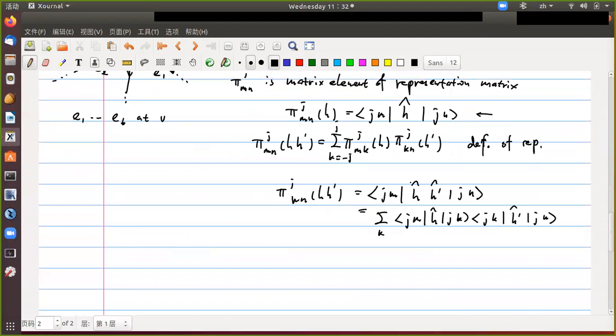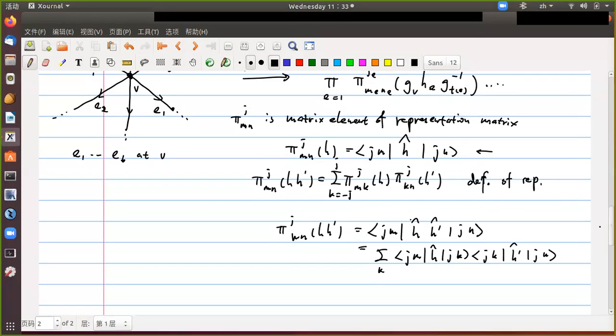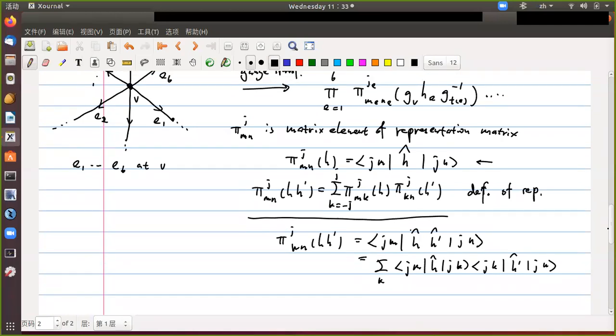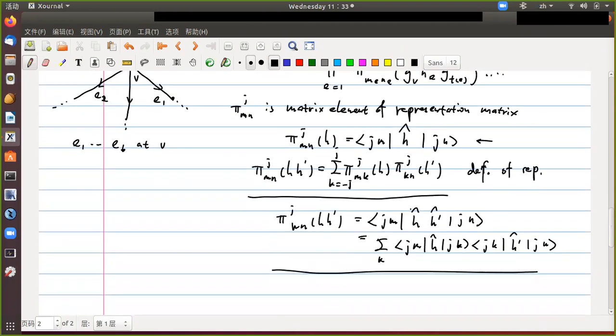For those of you who have learned representation theory, you can just follow this formula. For those of you who are not familiar with representation theory, you can go with that, or just check from the definition.